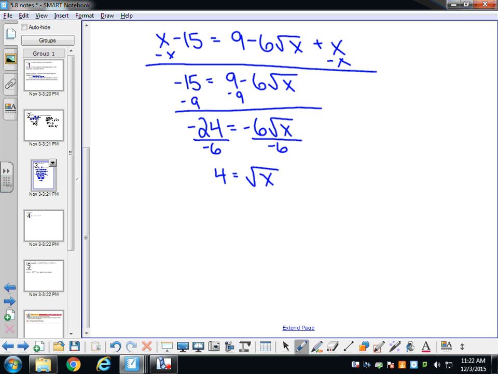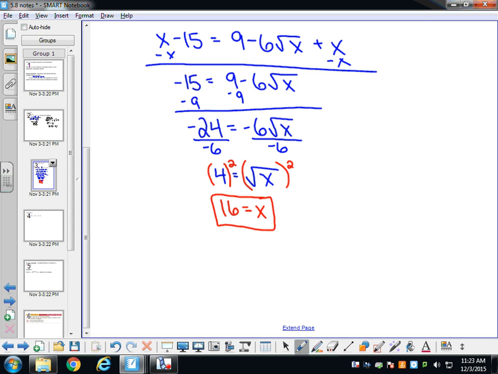So by isolating the radical, I get that 4 equals the square root of x. Once your radical is isolated, square both sides. So I get that x equals 16.